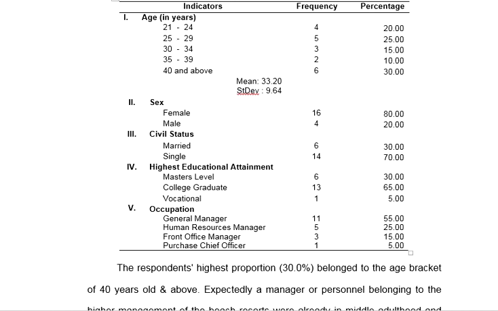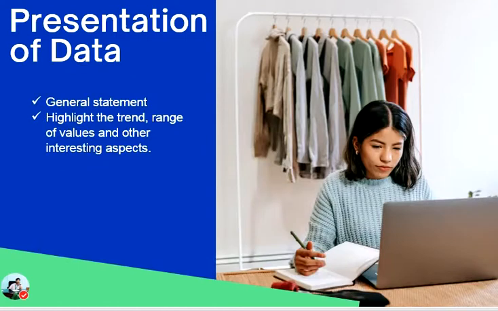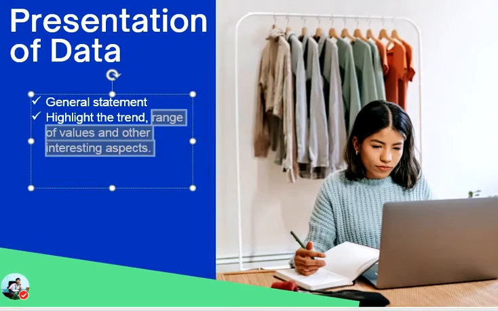So let's go back to our previous discussion. In our previous discussion, I have mentioned there's a general statement in the first part, and then on the second part there's a specific statement per table. And then another important thing also is to highlight the trend, the range of values, and other interesting aspect.